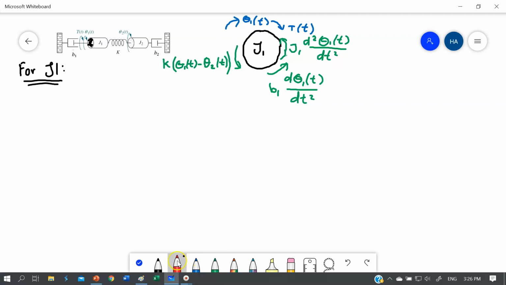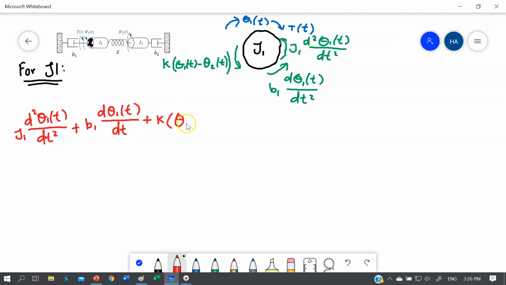If I write the equation of motion to represent the differential equation for this J1, it will be J1 d square theta 1 of t over dt square plus B1 d theta 1 of t over dt plus K theta 1 of t minus theta 2.